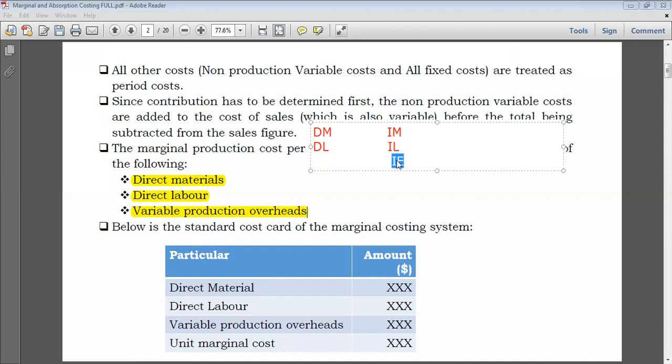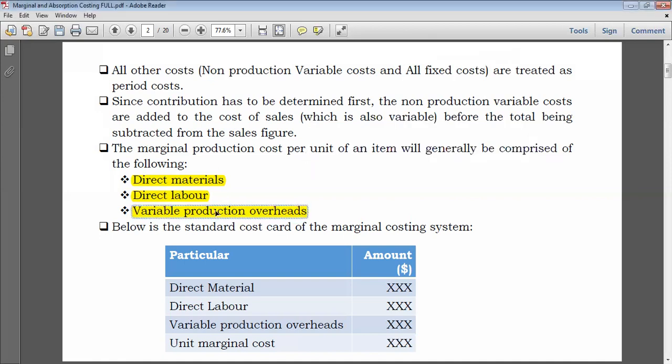Indirect costs are collectively known as overheads. That's why you're not seeing the word indirect, but it is actually incorporated here. We just decided to be more clear and say that these are overheads, they are related to production and they are variable because marginal costing uses only variable cost.